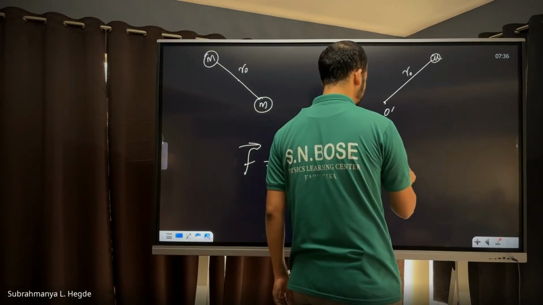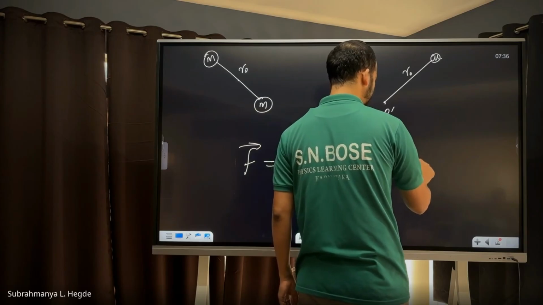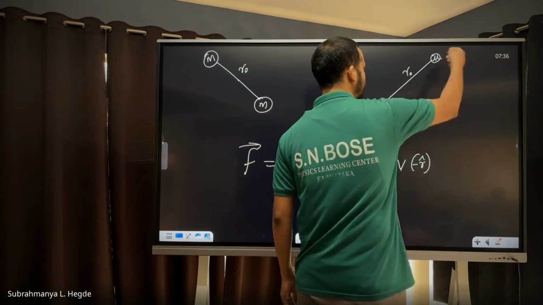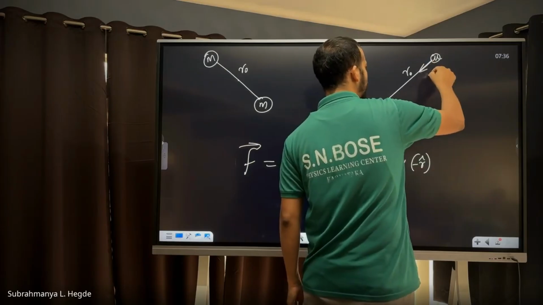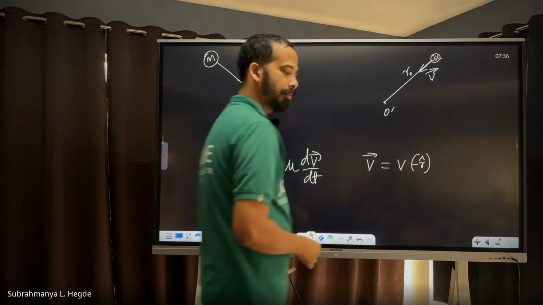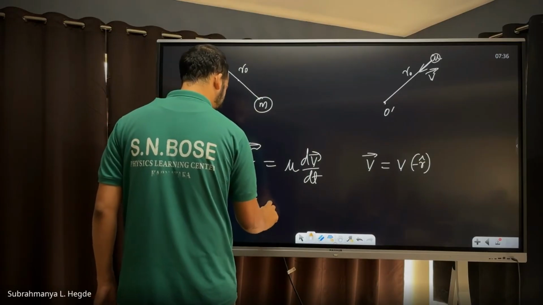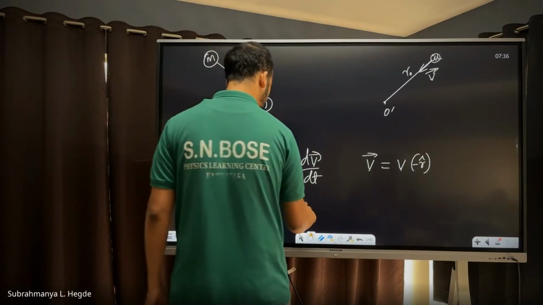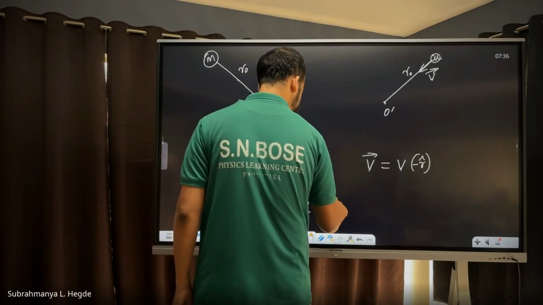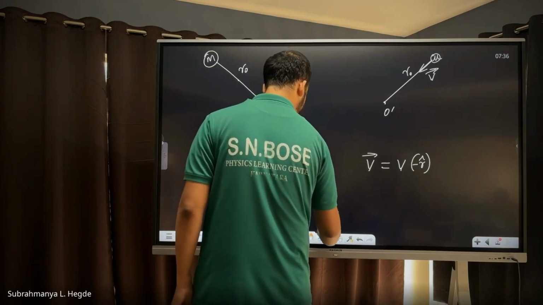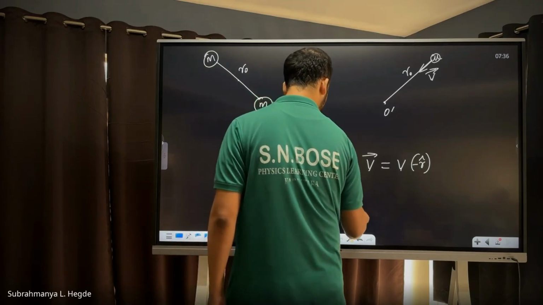v is nothing but the magnitude of v into minus r cap. It is falling into this one. Am I right? Minus r cap. What is f actually? Minus k by r square r cap. That's equal to mu into dv by dt into minus r cap.